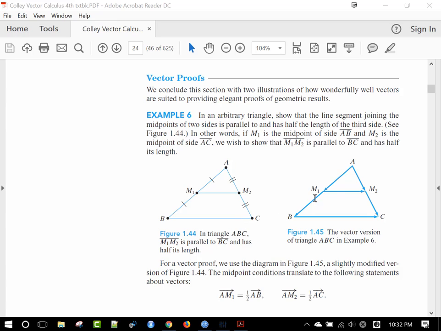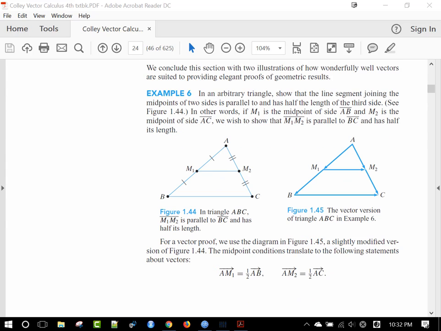So we're going to redraw this with vectors like this. We're going to have a vector here, AM1 and AM2, and this whole vector is called AC, and this one is called AB, and this is called BC, and this is called M1M2, displacement vectors. So we want to show 2 things.